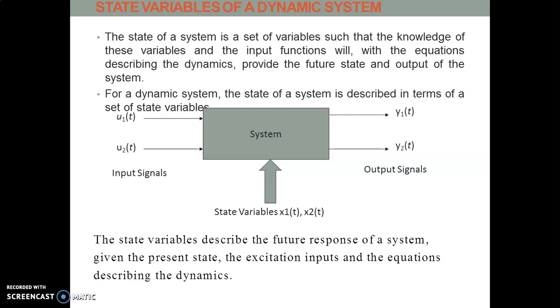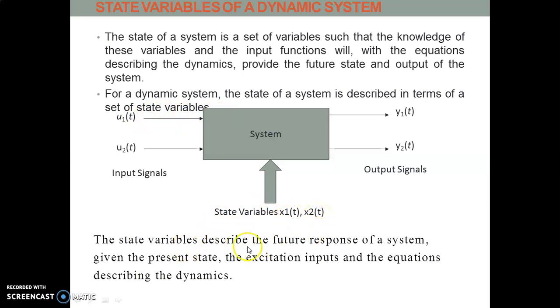The state of a system is a set of variables such that knowledge of these variables and input functions, with the equations describing the dynamics of the system, provides the future state and output of the system. In this block diagram, the right hand side shows the output signals and the left hand side the input signals, and the state of the system is described in terms of a set of state variables, x1, x2.